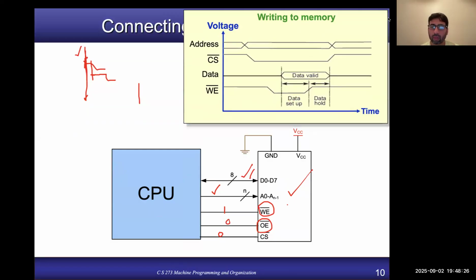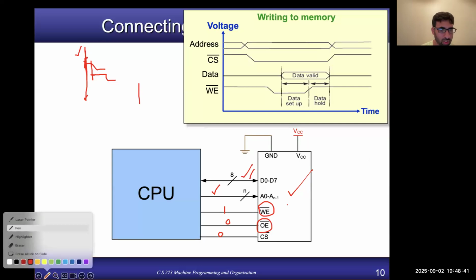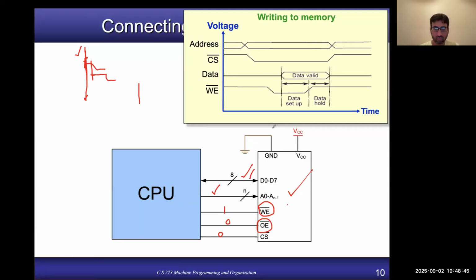Now, how do the signals change their values when we perform a write operation on the memory chip? So let me just simply change the color of the marker. Okay. So this time we are going to perform the write operation.